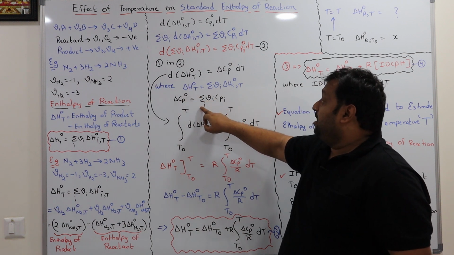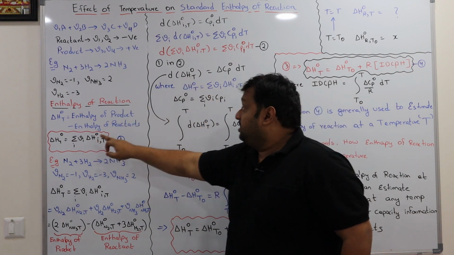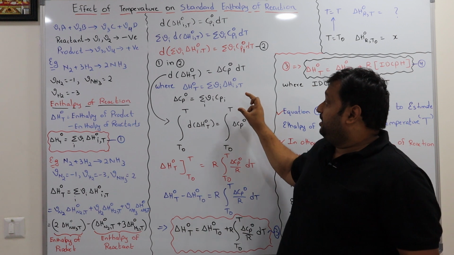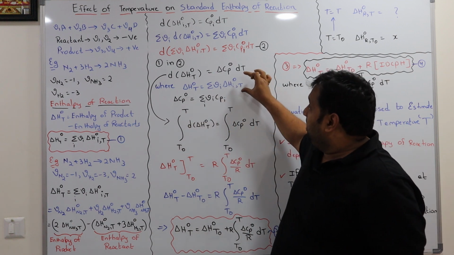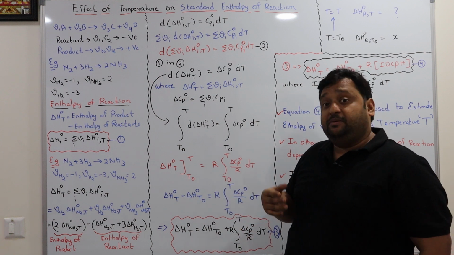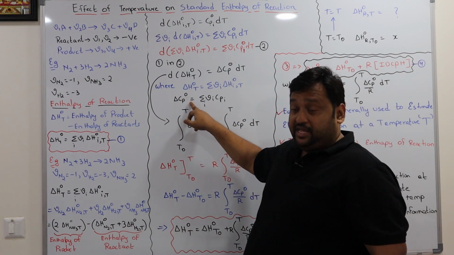In place of this, substitute this. Now you get one equation connecting delta H and Cp_i. Now integrate from T0 to T.